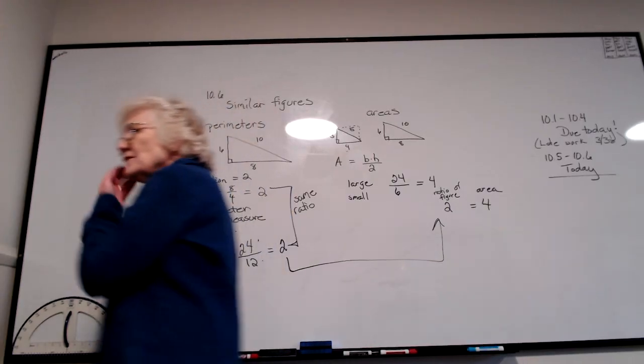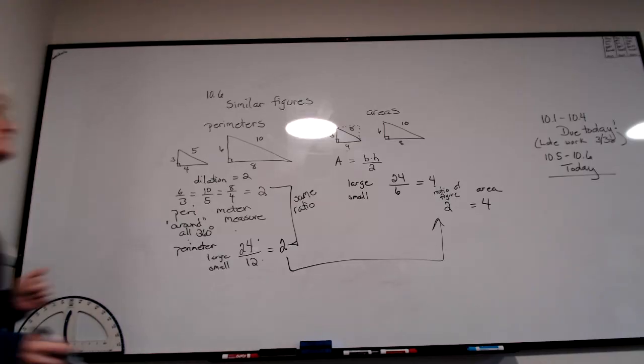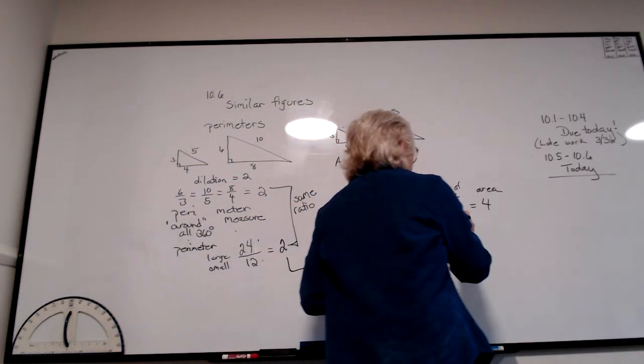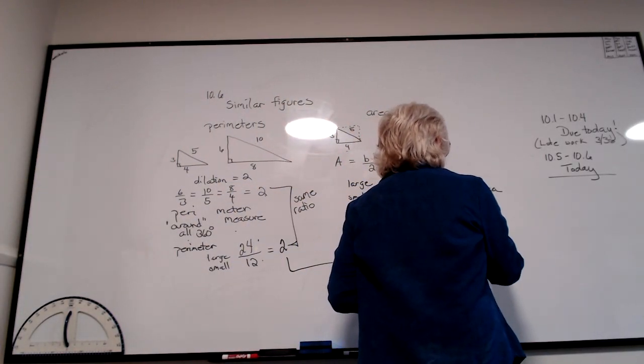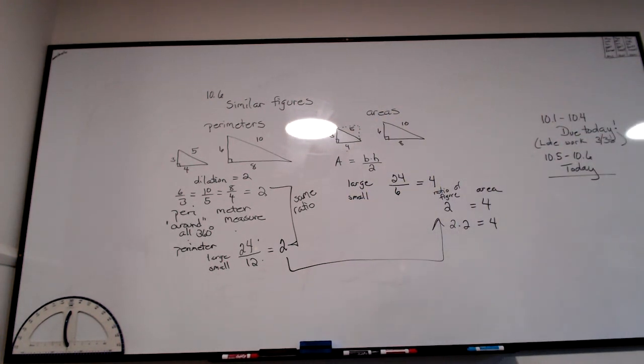Okay, the ratio of the figure is 2. How is 4 related to 2? Any way you can tell me how it's related? It's double. So we could say it's 2 times 2, right? How else can I write 2 times 2?